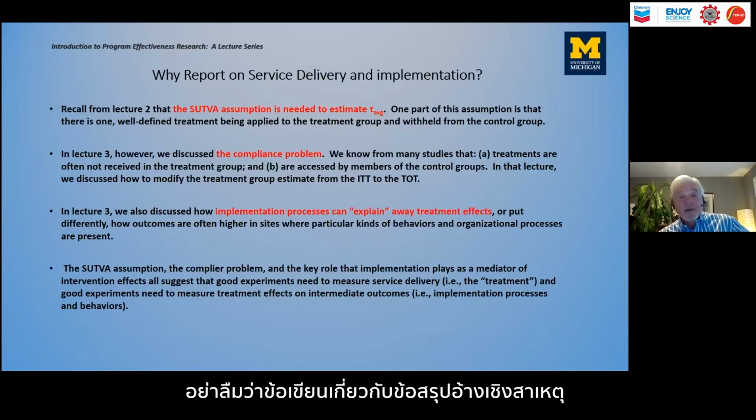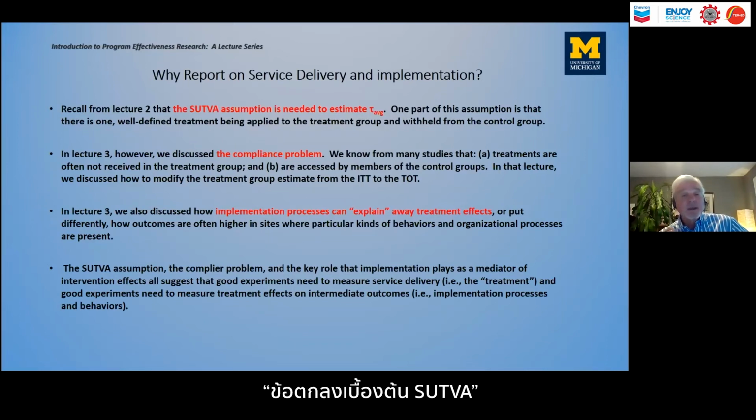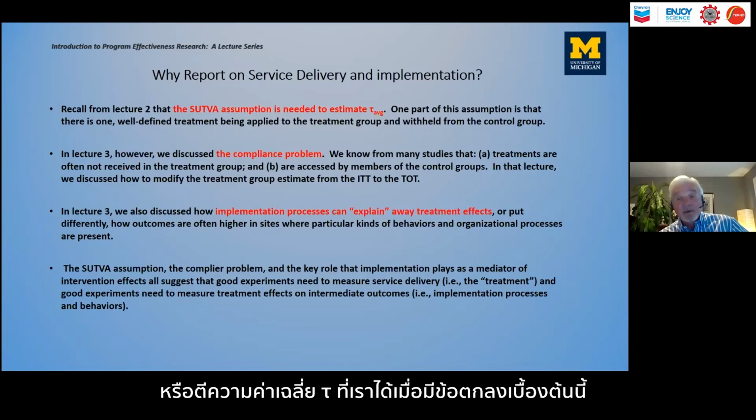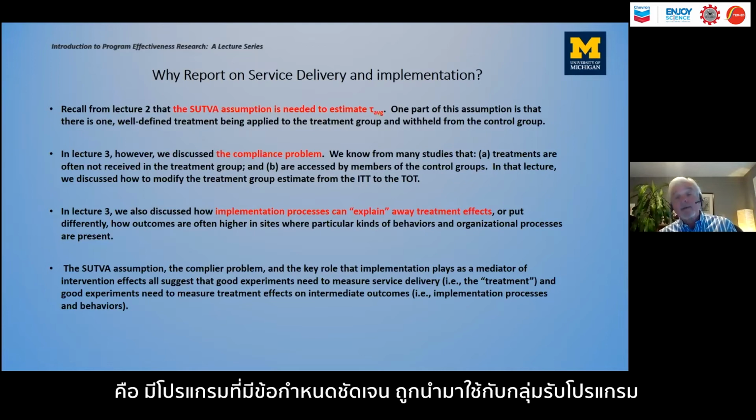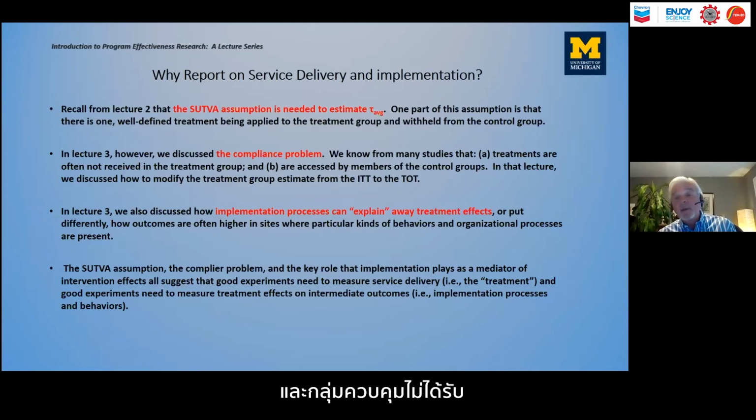First of all, remember that the causal inference literature emphasizes what's called the stable unit treatment value assumption. And it's only reasonable to estimate or interpret the tau average that we get in light of that. One part of that assumption is that there's a well-defined treatment being applied to the treatment group and withheld from the control group.